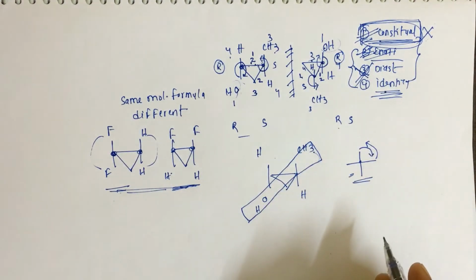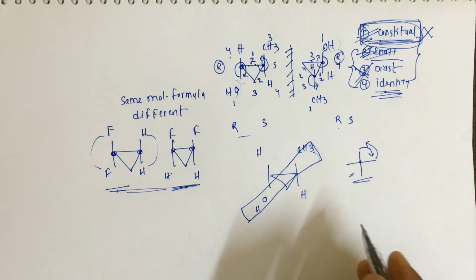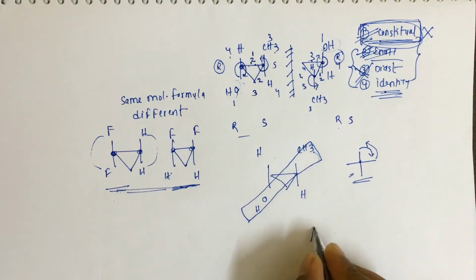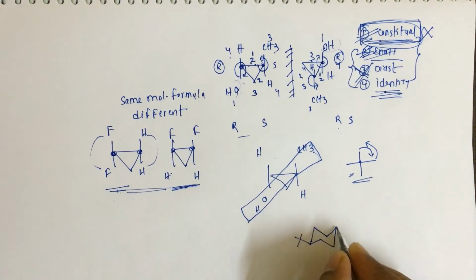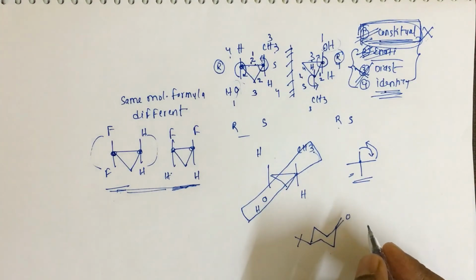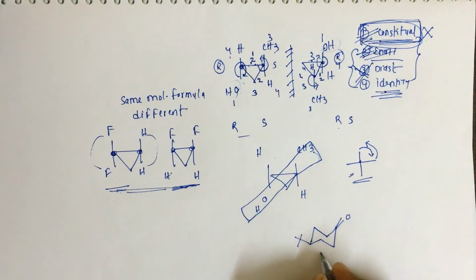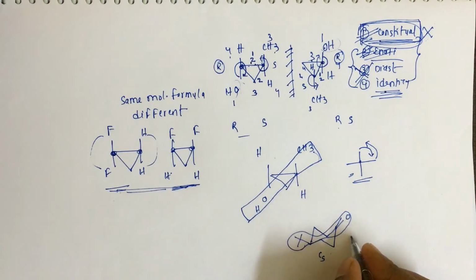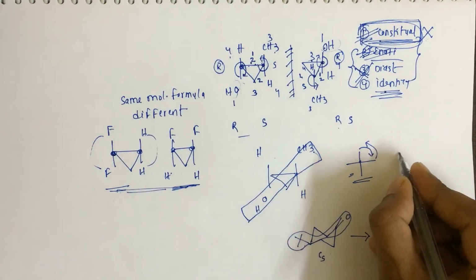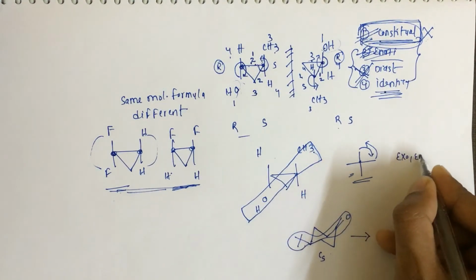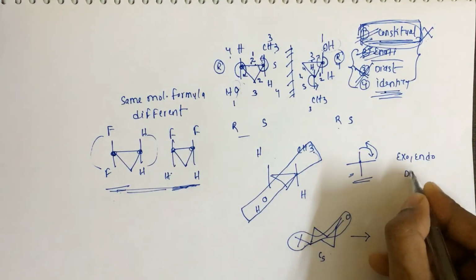And then, diastereotopic faces means here we don't have any kind of symmetry in this case. Okay, we have only a plane of symmetry if you pass a plane like this. Just remember all exo and endo come under the diastereotopic.